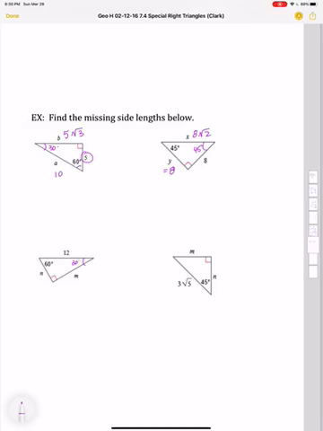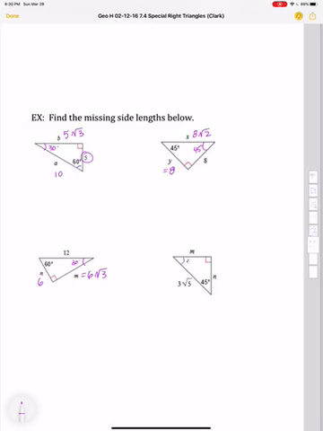This is 30. Okay, so I don't know n, but I know that 12 was double, so this must have been 6, and that makes this 6 root 3, because you have to multiply by the square root of 3.